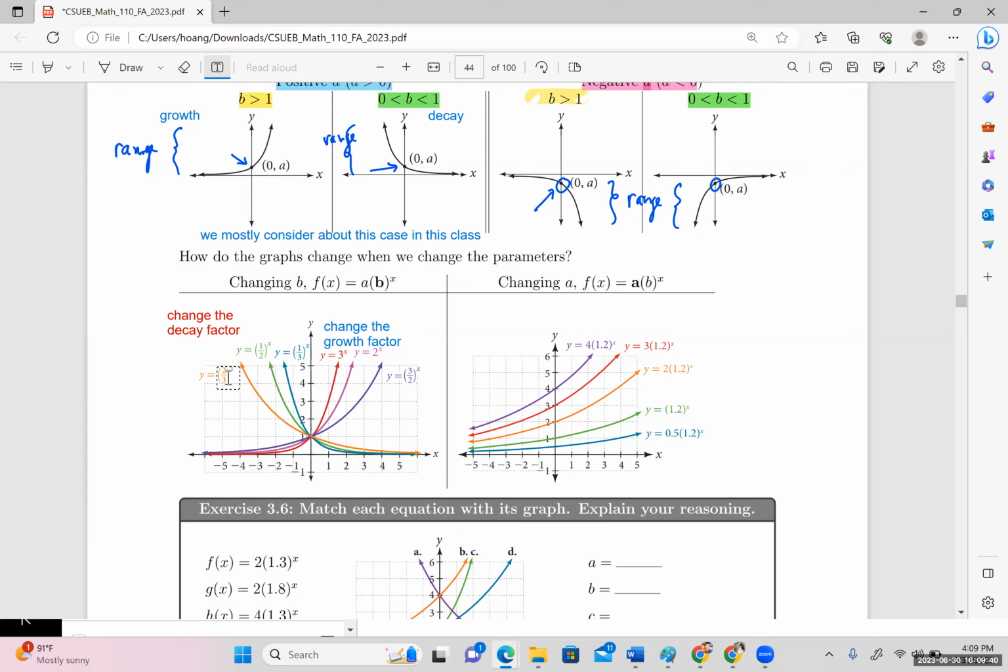I want to change this word. I don't want to use this decay. Change this to decay, change this to rho.